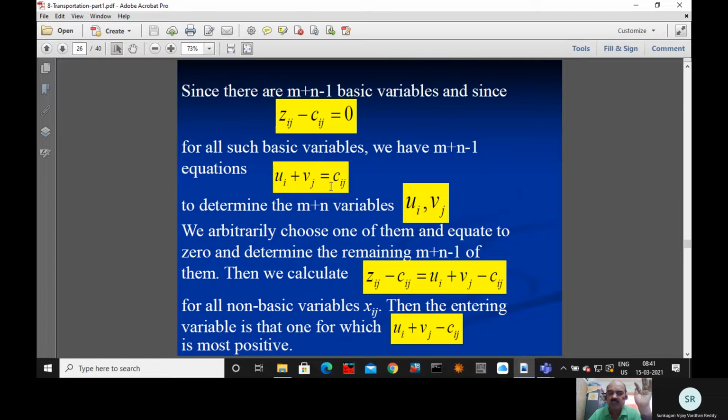There are altogether m plus n minus 1 such equations, while we have m plus n dual variables. So one of the variables we must arbitrarily set to 0, or 1, or minus 1, anything.